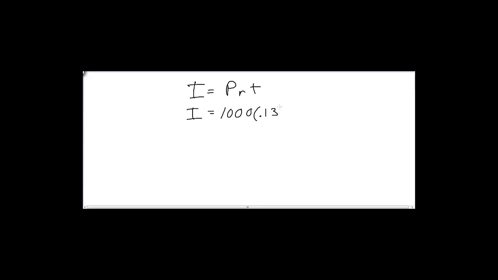So we put in 0.13 because 13%, to translate to a decimal, we divide by 100. The effect of which is take the decimal point, which is currently right here after the 3, 2 spaces to the left, so hence the 0.13. T we said is over the course of 4 years.